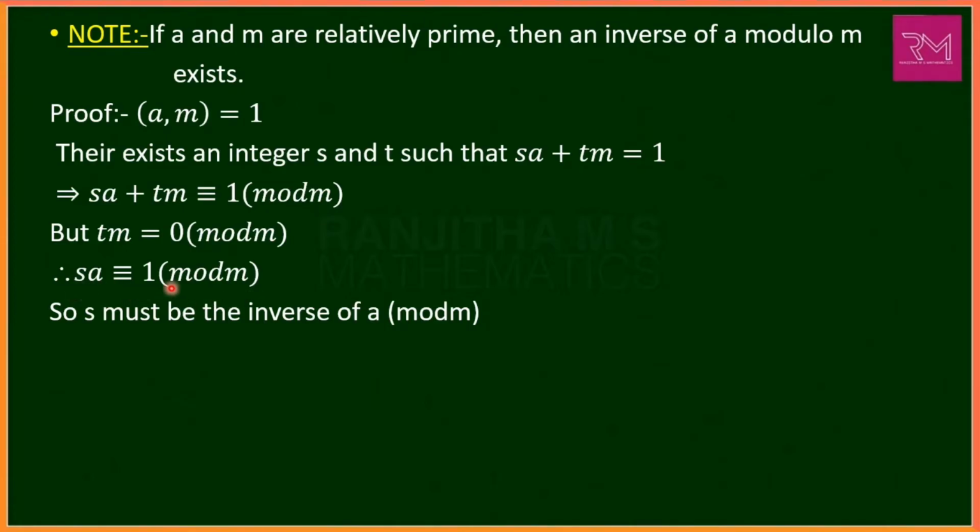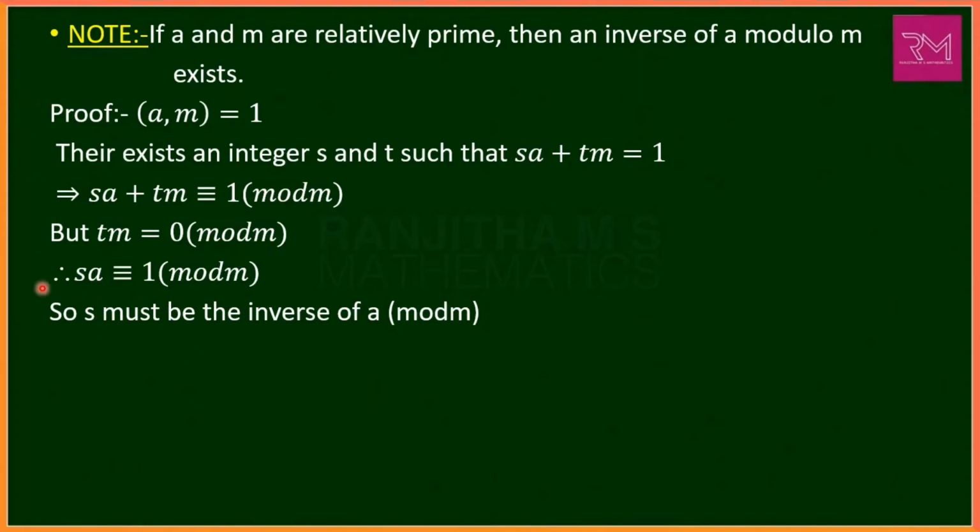If we take a to the right hand side, s is congruent to a inverse mod m. That implies s must be the inverse of a under mod m. Here the inverse of a, that is a inverse, is s. So we can conclude that s must be the inverse of a under modulo m.